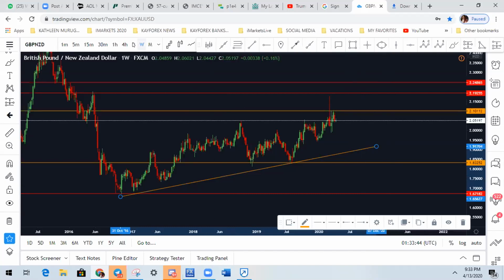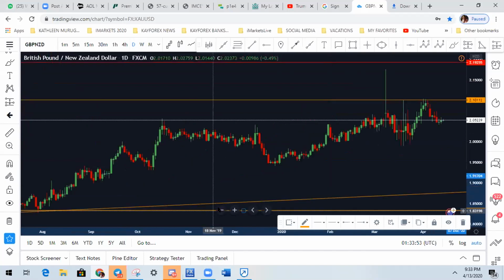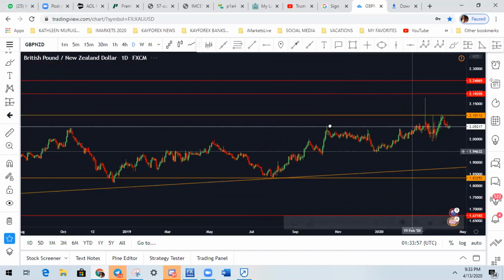So we go to the daily. And again, we do the same analysis, bearing in mind what we are looking for and what we are expecting from the higher time frame.